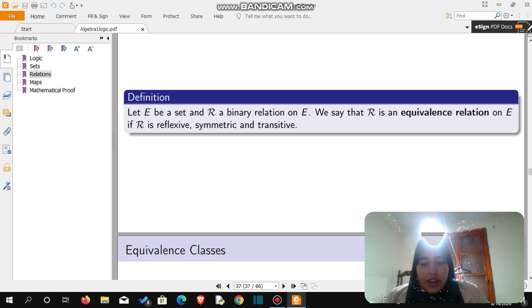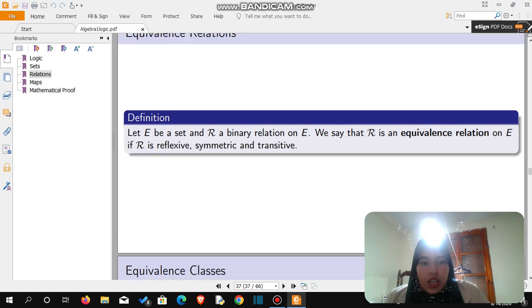So an equivalence relation is a binary relation that has the properties reflexive, symmetric, which means x R y implies that y R x, and transitive: for x, y, z, if x is in relation with y and y is in relation with z, that implies that x has a relation with z.